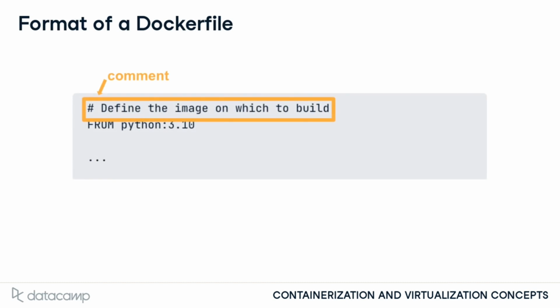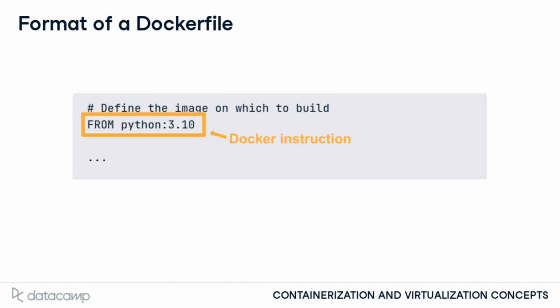Let's examine the format of a Dockerfile. Each instruction in a Dockerfile can begin with a comment describing the details of the instruction, followed by the instruction itself. The instruction starts with its command and is conventionally written in uppercase. Then follows the argument that is conventionally written in lowercase.